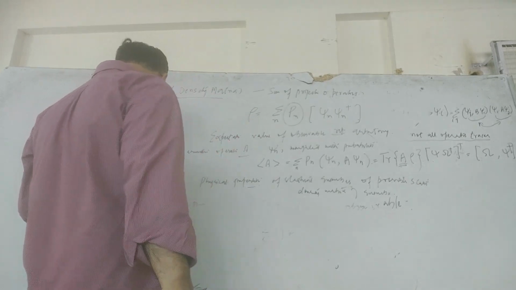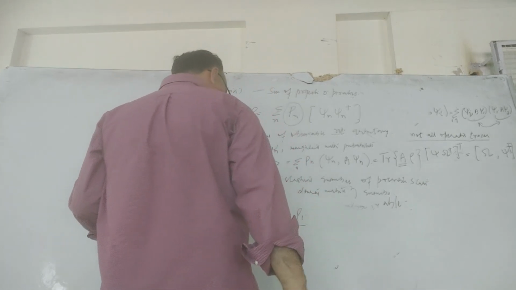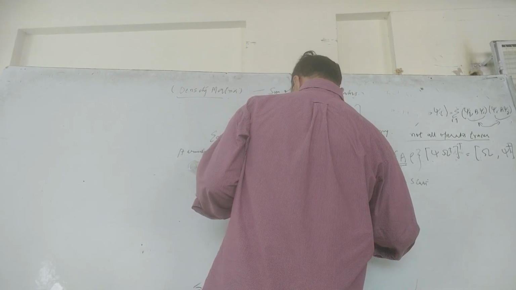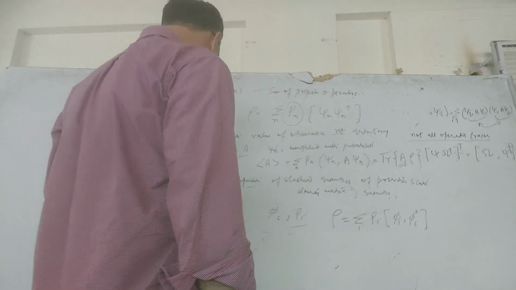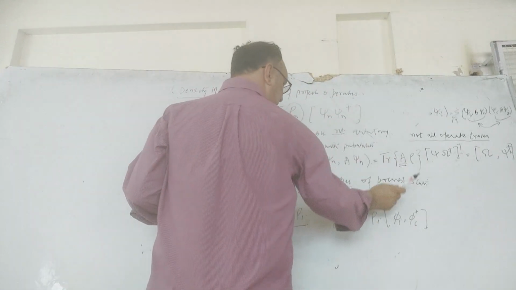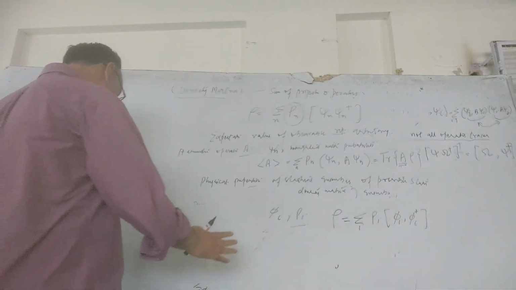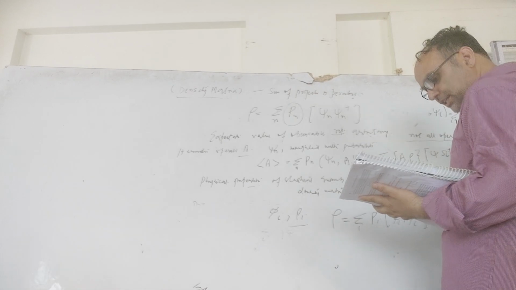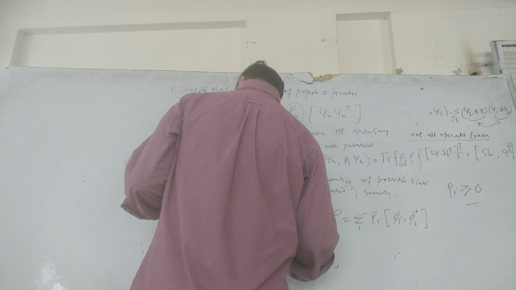So for a complete set of orthonormal eigenvectors phi i with eigenvalues p i, rho can be written as the sum of p i phi i phi i dagger. And p i can be greater than or equal to 0, being the probabilities, such that for unit trace, trace of rho is 1.